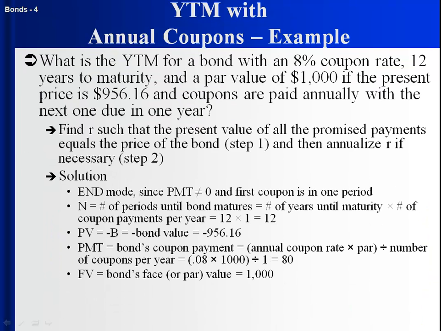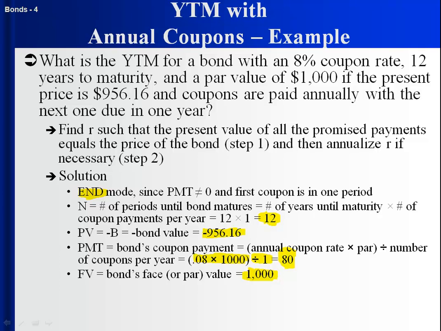So let's let the calculator do the work. END mode, FV of 1,000, that's our par value. What is each payment? It's 8% times 1,000, which is 80. There's only one of them per year, so each payment's 80. How many of them are there? There's 12. 12 years, one per year. Bond currently priced at $956.16.